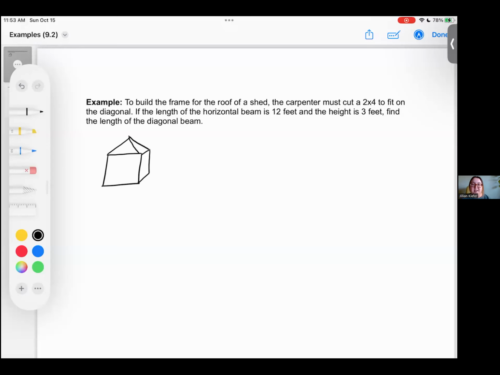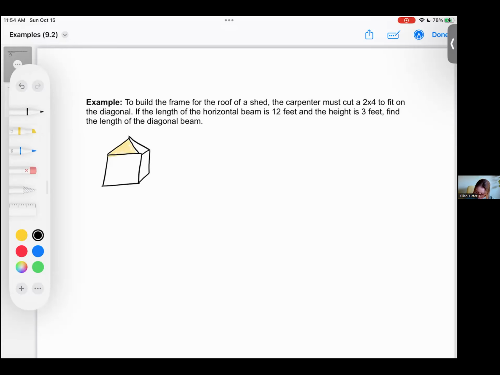All right, there's an image. So here's our image of our shed. It's going to look something like this. We know that the part that we're focusing on here is the roof portion. So we're focused on this chunk right in here.